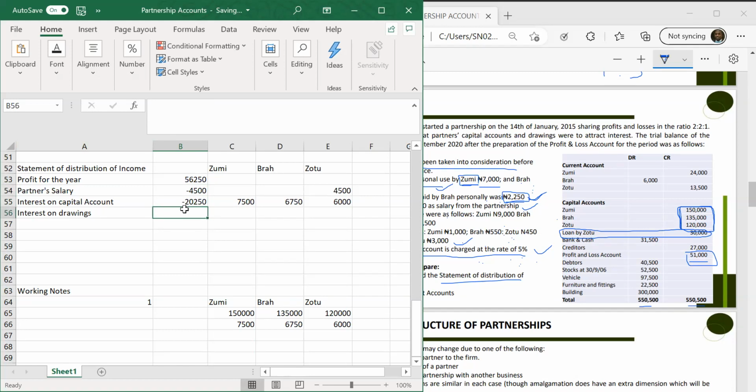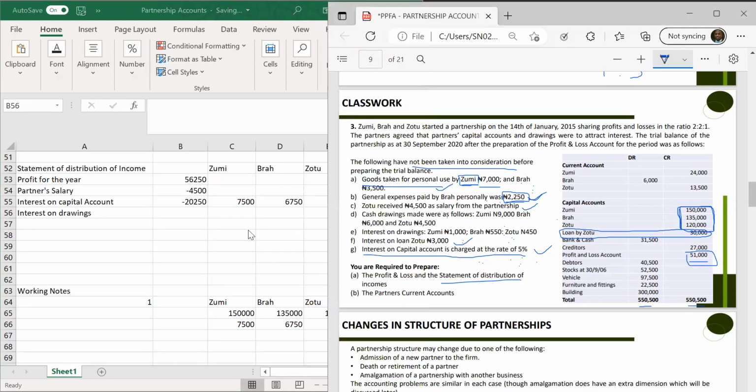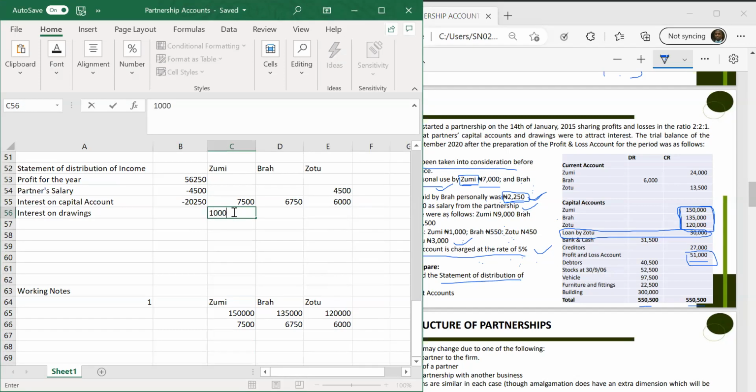Because this one is interest on drawings. So let's do the interest on drawings. Interest on drawings is 1,000 for Zooming, right? 1,000 for Zooming. How much for the rest? 550 for... 1,000 for Zooming.